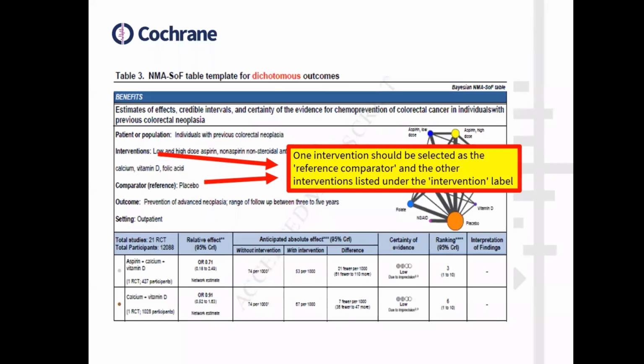So this just shows you an example of a summary of findings table. Here you've got the estimates of effects, credible intervals and certainty of evidence for chemoprevention of colorectal cancer in individuals with previous colorectal neoplasia.